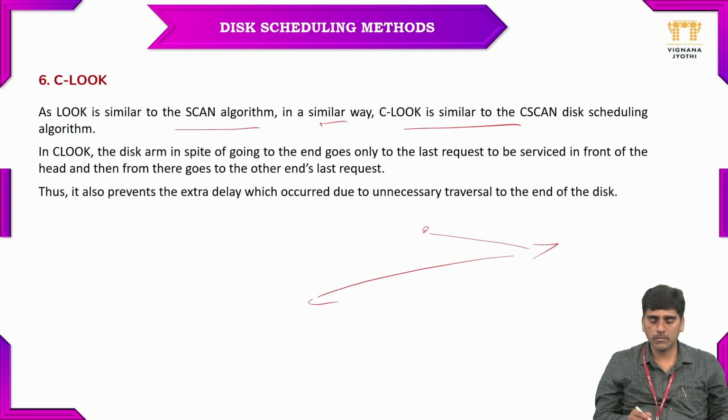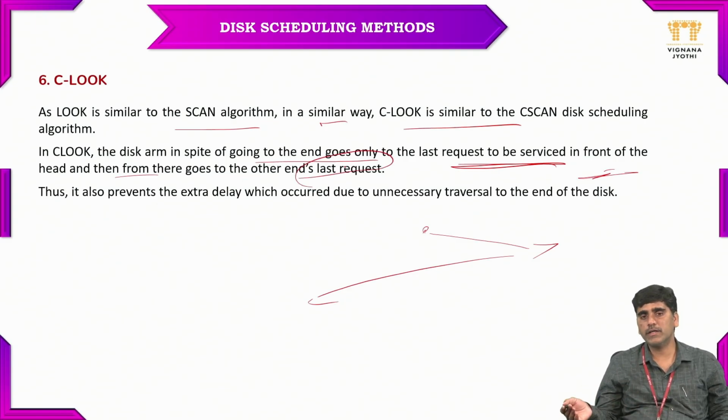But in the C-LOOK algorithm, the disk arm, in spite of going to the end of the disk, goes only to the last request to be serviced in front of the head, and from there goes to the other end's last request.